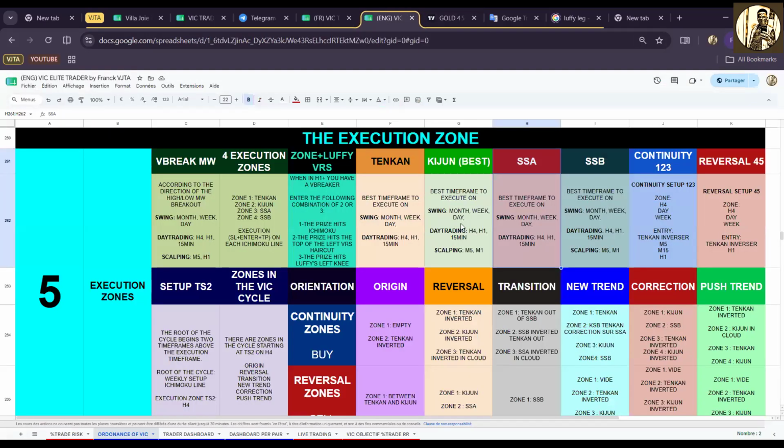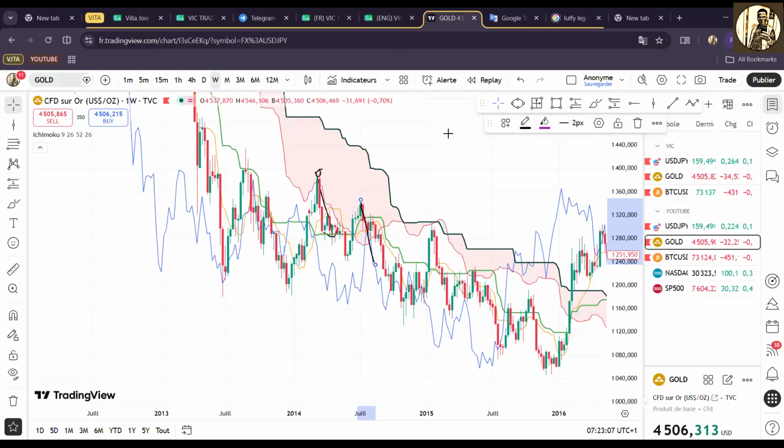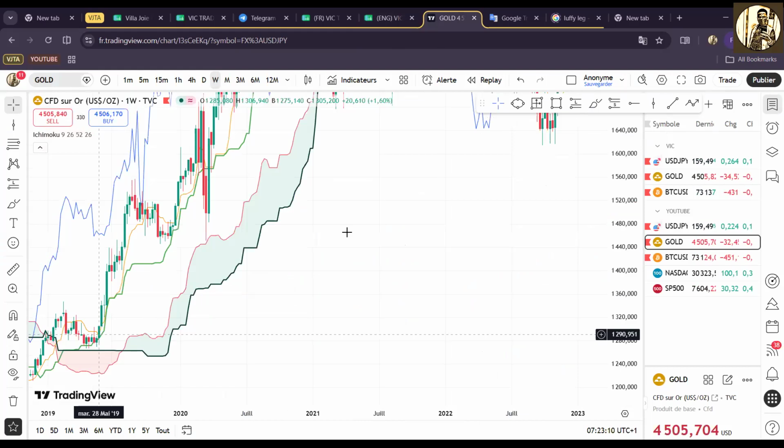Now, what I advise is that you use the Kijun line and the SSB line for swing trading and day trading time frame, like big time frame, but also for scalping. What do I mean by everything that I'm saying since the beginning?